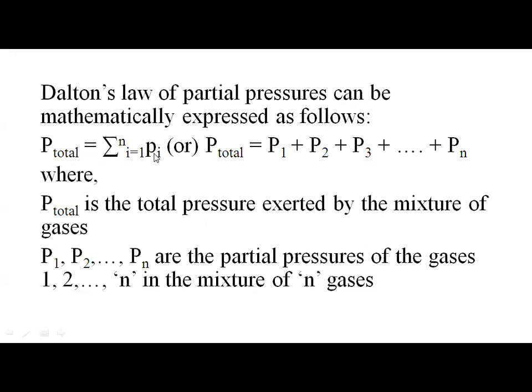Or we can write it as P total is equal to P1 plus P2 plus P3 and so on up to Pn, where P total is the total pressure exerted by the mixture of gases, and P1, P2, P3, Pn are the partial pressures of gases 1, 2, 3 and so on up to n in a mixture of n gases.